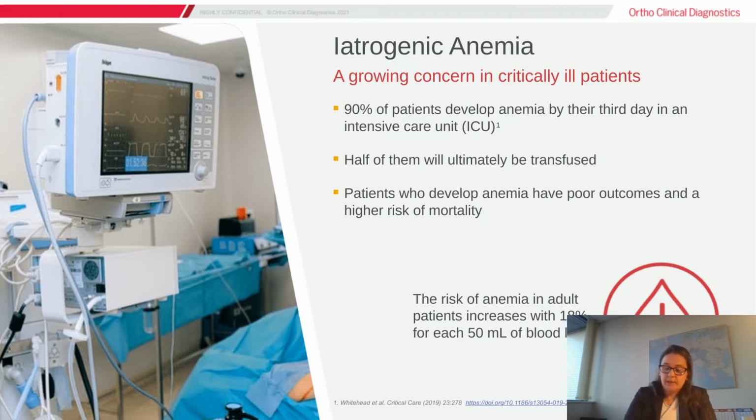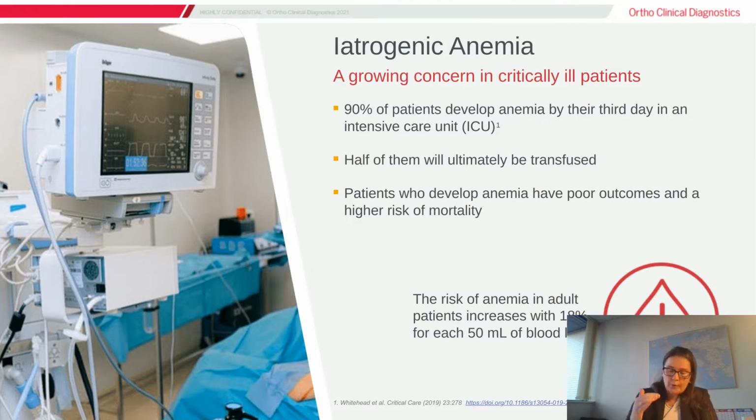And critically ill patients are at particular risk for adverse consequences from anemia, given the cardiovascular, respiratory, and metabolic compromise frequently encountered during critical illness. While phlebotomy and blood testing to inform clinical decision-making is vital, strategies have been developed to minimize unnecessary iatrogenic blood loss.